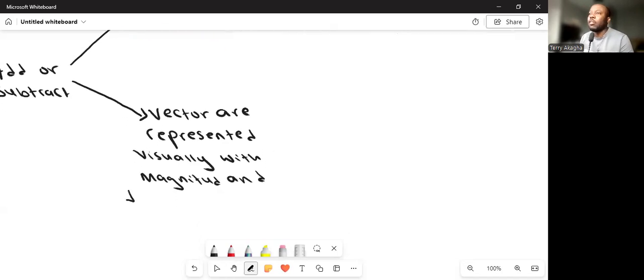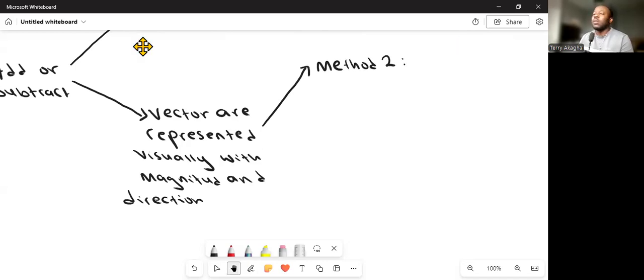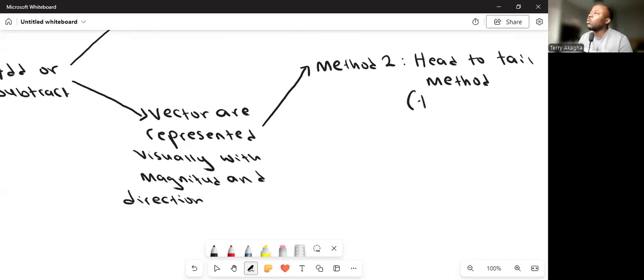So here we're going to break it into two. We're going to have method 2, what we call the head to tail method. Some people call it the triangle method, and some textbooks will call it the triangle method.